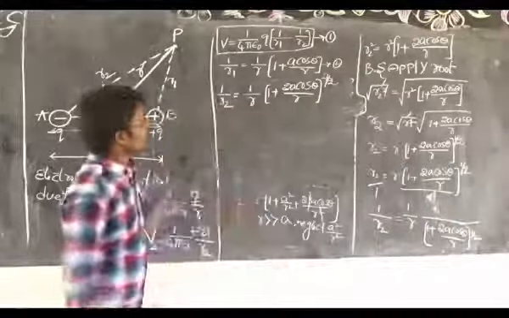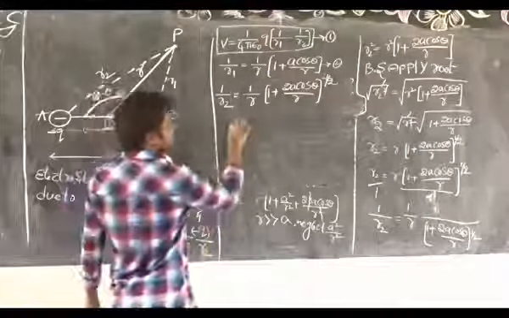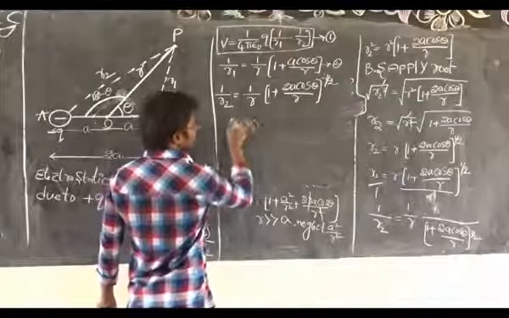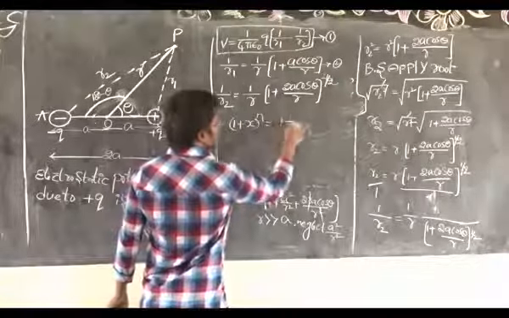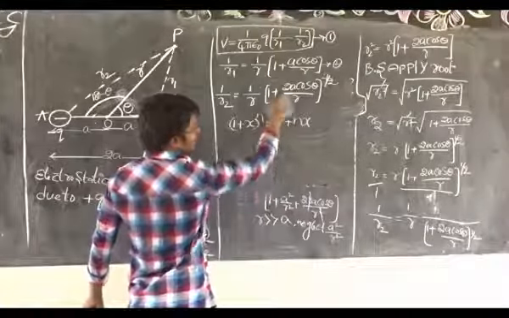Okay. Again you can apply here the binomial expansion. Binomial expansion is: 1 plus x whole power n is equal to 1 plus nx. Correct.